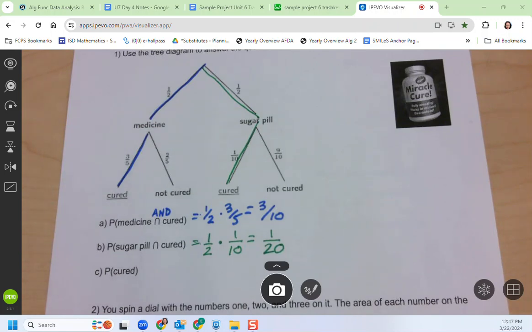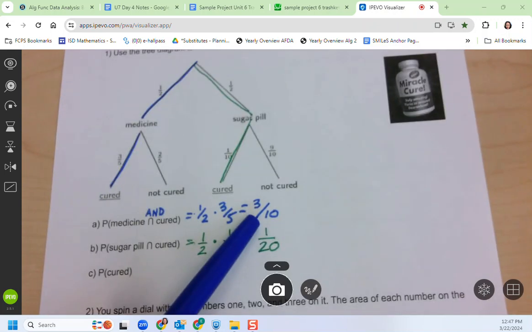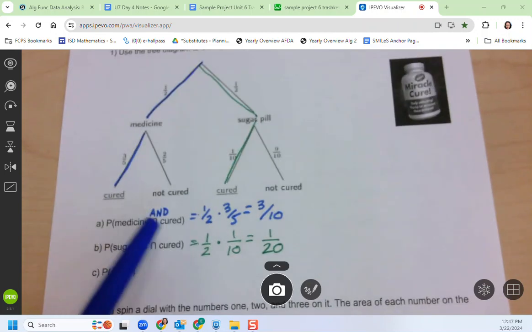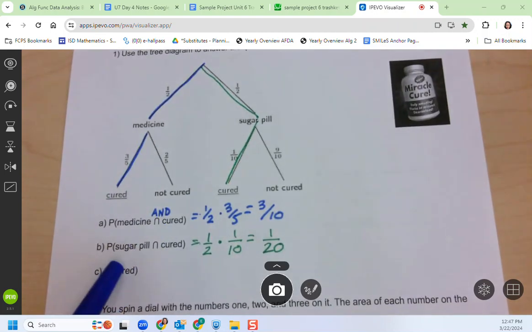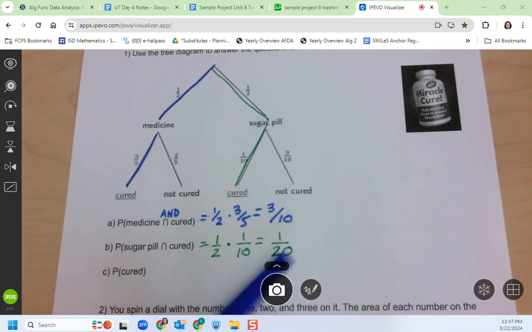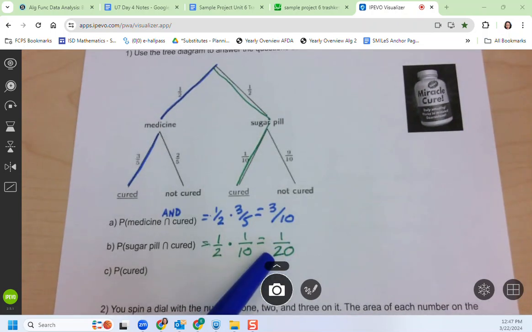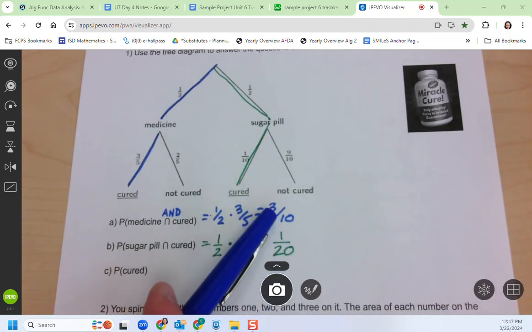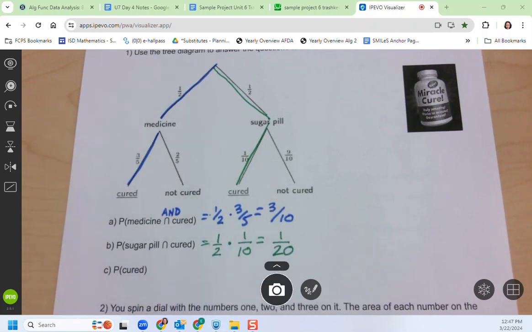Okay. If I want to know the probability that I'm going to be cured, it's going to be bigger than 3 out of 10 because this is just medicine and cured. And it's going to be bigger than sugar pill and cured because this is just sugar pill cured. So all you have to do is add these two probabilities together, and that will tell me the probability of being cured.